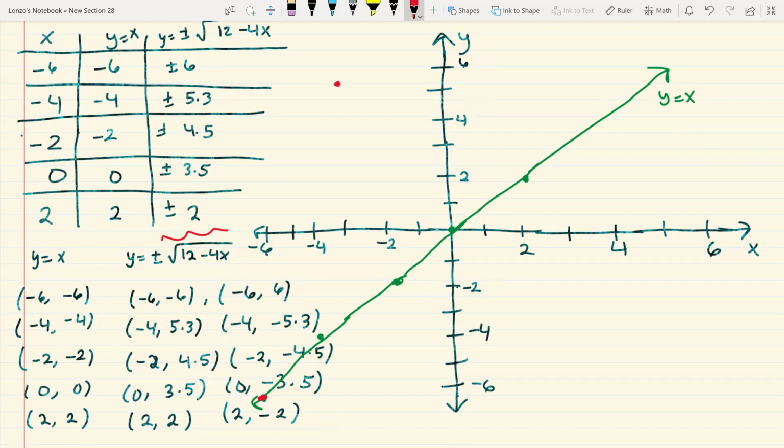The next one is -2, 4.5. The next one is 0, 3.5.